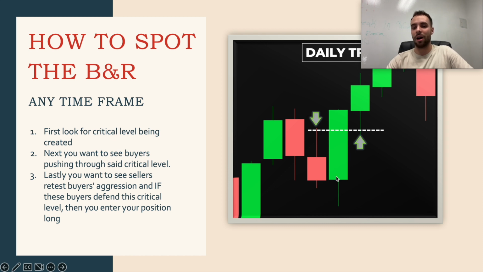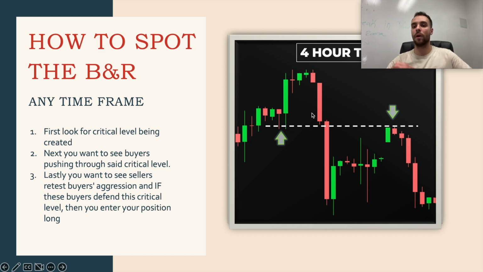And then price came down, broke through that level, and then came down to retest it, and we saw a large wick to the downside. This is where these sellers stopped out, and then these buyers now came in with strength. So that is what it looks like on the larger time frame.